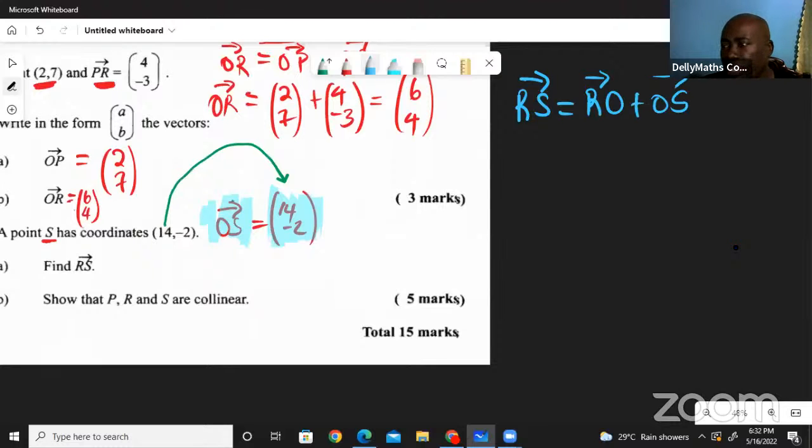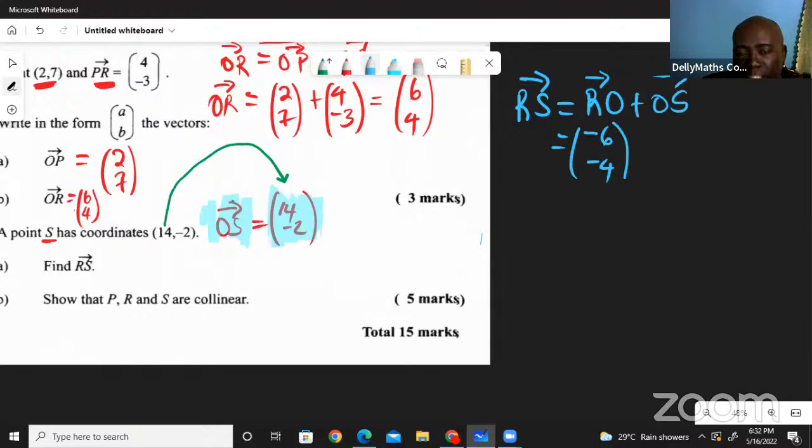Here's the thing. What is RO? We just found OR. OR is (6, 4). Changing the direction of that, we have (-6, -4).